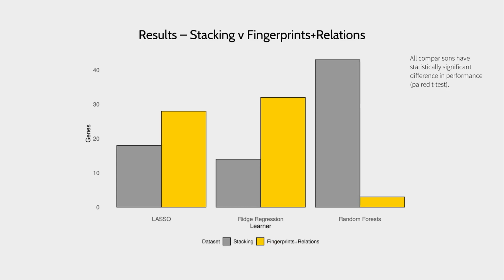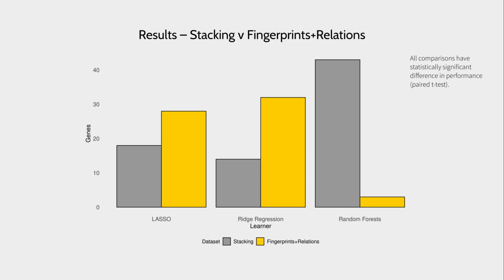Lastly, we compared the stacking approach to the approach where we just simply concatenated the datasets. And we can see that in this case as well, lasso and ridge regression did better when the datasets are concatenated, whereas random forest did better when their predictions are stacked. And the stacking approach we used was just simple averaging.